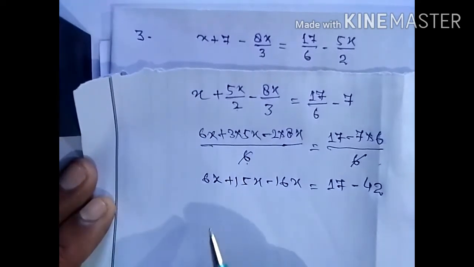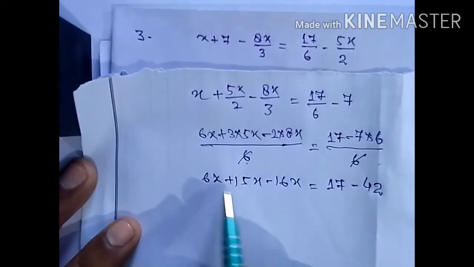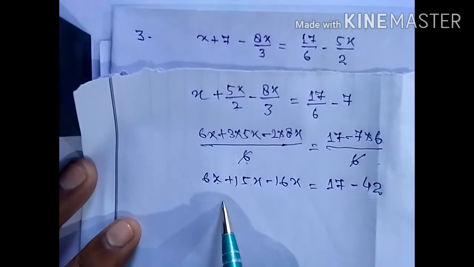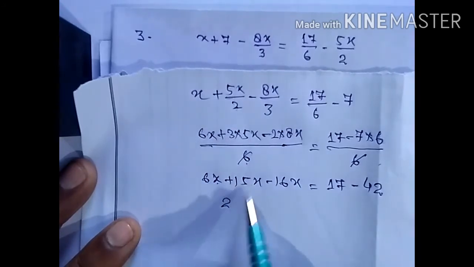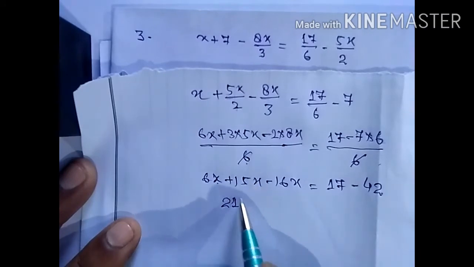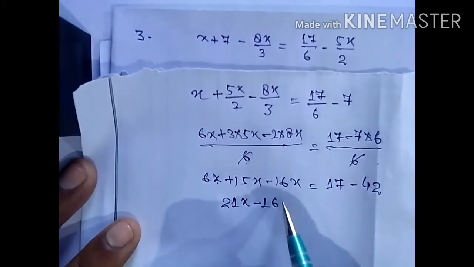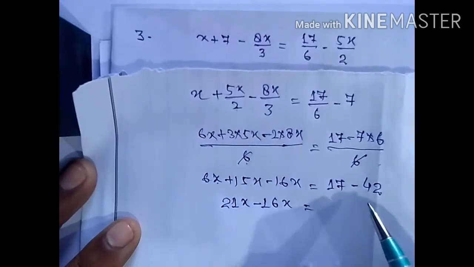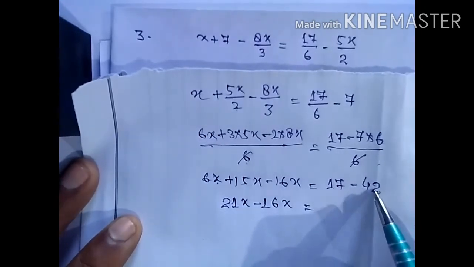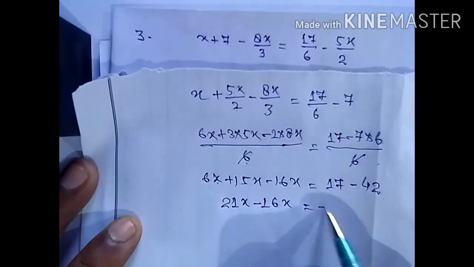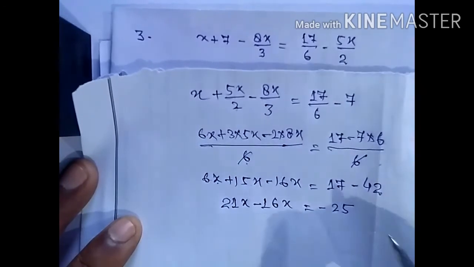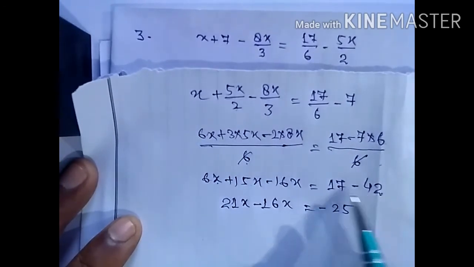Now it will be 6x plus 15x. These are positive, so we can add them. 6 plus 15, this one 21x minus 16x is equal to this minus 42 plus 17. It will be minus 25, because one is positive and another is negative.